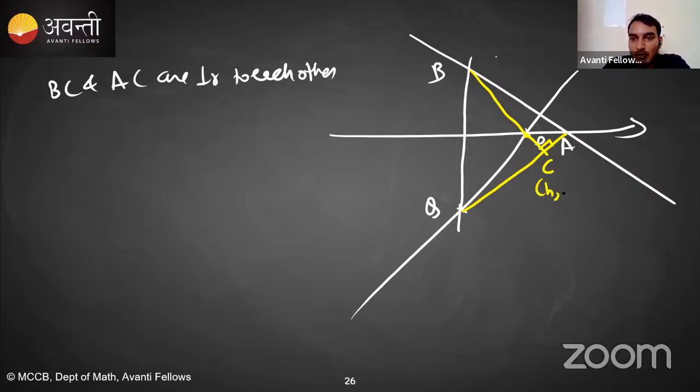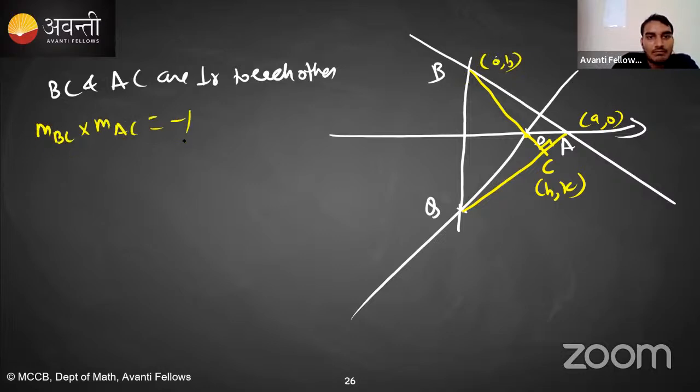So let's call this point H comma K. ये तो A comma 0 हो गया, and this is nothing but 0 comma B. So slope of BC into slope of AC कितना होना चाहिए? -1. What is slope of BC? K minus B upon H minus 0. What is slope of AC?